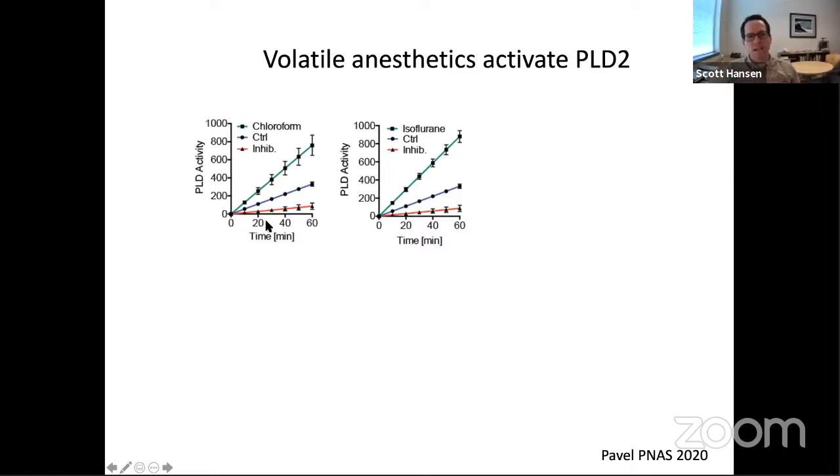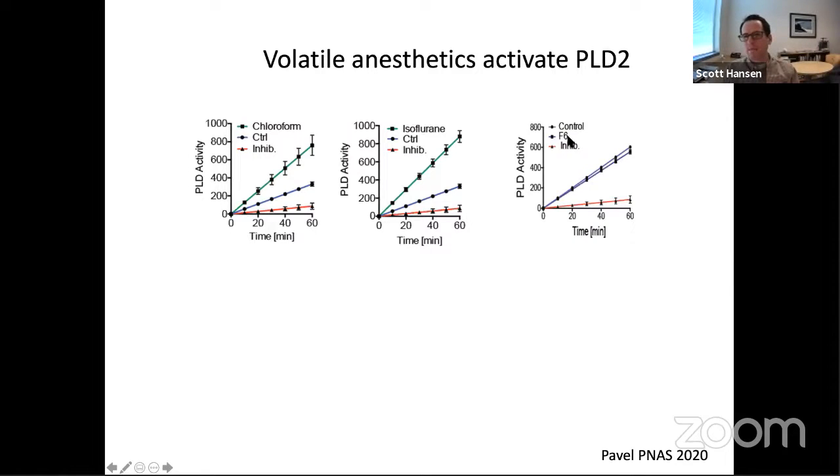In red is inhibitor, so when PLD is inhibited. We always see basal activity of PLD, which is in blue. Then when we add an anesthetic, we can see increased PLD activity. We saw very clear activation by both chloroform and isoflurane.